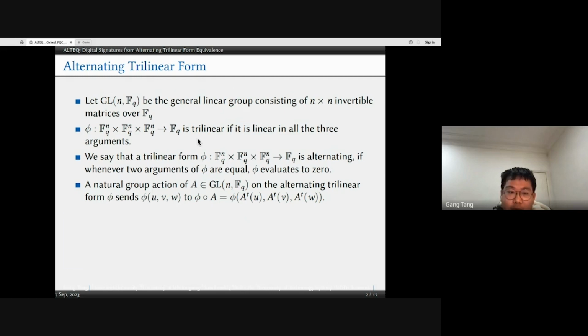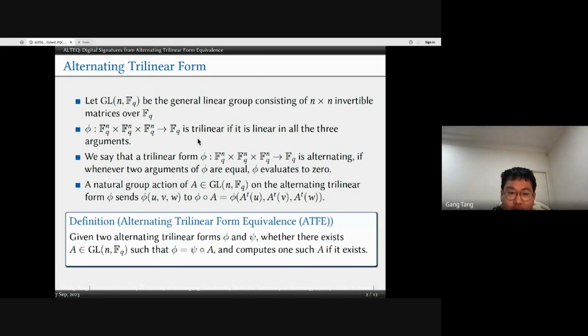Then we can define the alternating trilinear form equivalence problem. Given two alternating trilinear forms, phi and psi, the question asks to find an invertible matrix A in the general linear group that sends psi to phi.